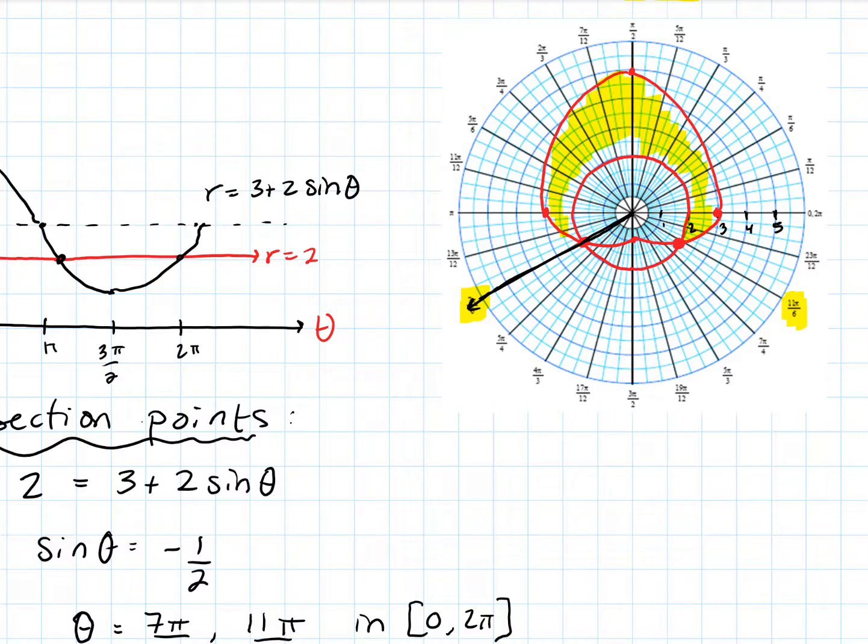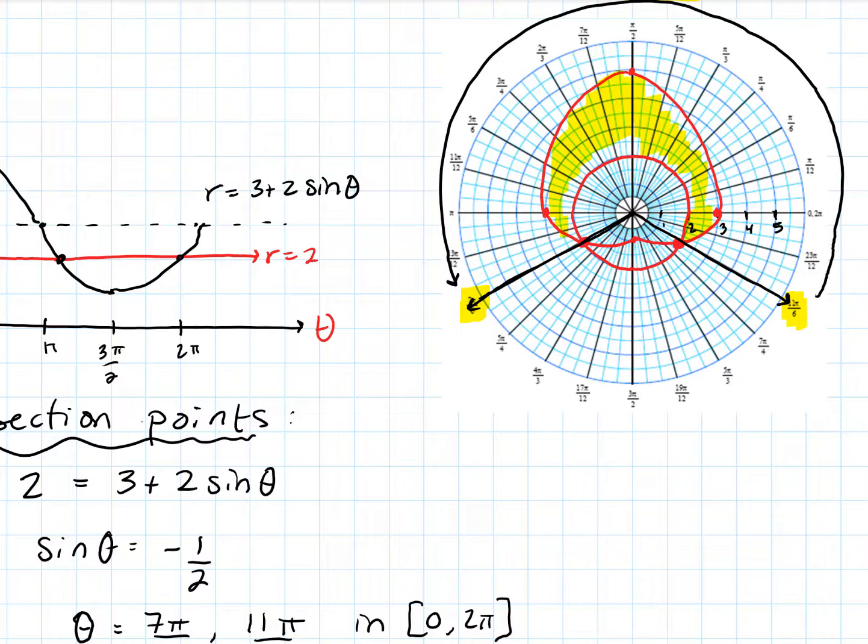But check this out. We want to trace out this area in increasing order. We talked about that with b being greater than a when we're setting this up. If I go from 11 pi over 6 to 7 pi over 6, that doesn't make any sense.